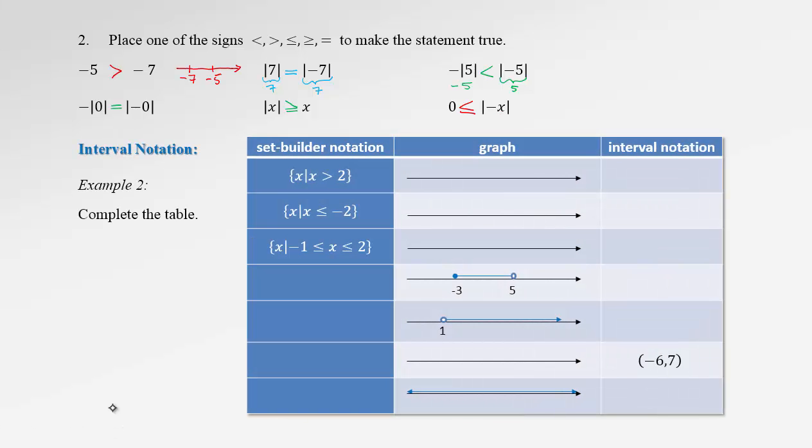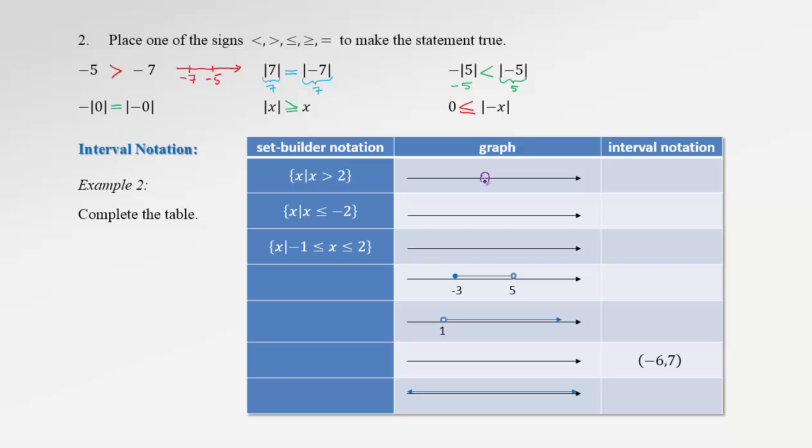Now let's look at interval notation. We need to complete this table with 3 columns. In the first column we have set-builder notation that should correspond to the graph and correspond to interval notation. What's an interval? An interval is a section of a number line between two given points. For example, if we have a set of all real numbers such that our numbers are larger than 2, to picture this set, we mark the important number 2 somewhere here.